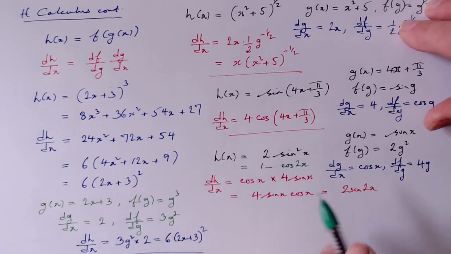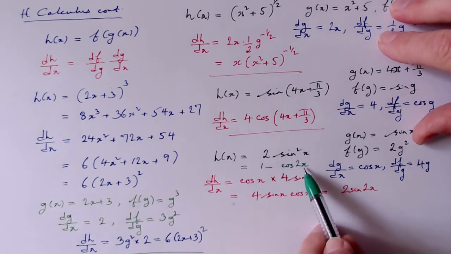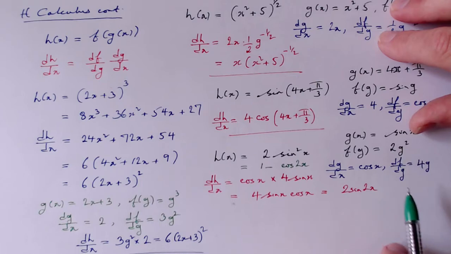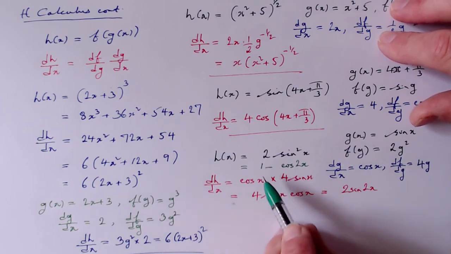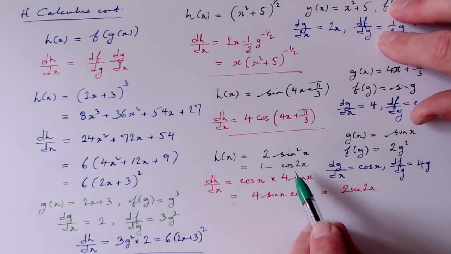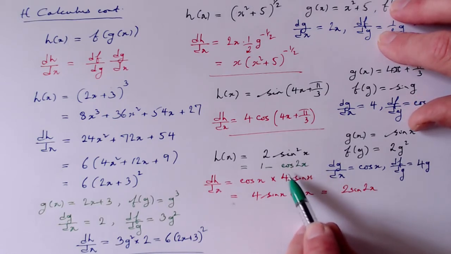So this is actually quite cute, because by writing h of x in this way and using the chain rule, we actually have two functions now. We have just a constant, then we have a composite function, which is cosine with an inner function of 2x. You could use the chain rule on this.